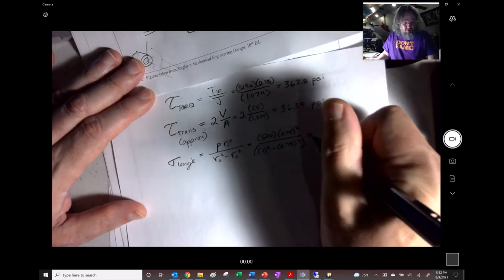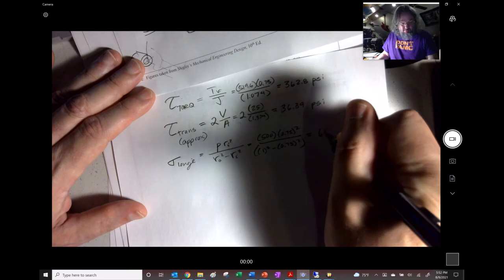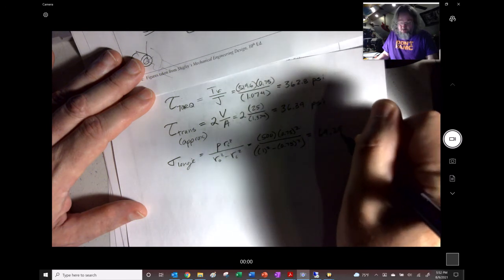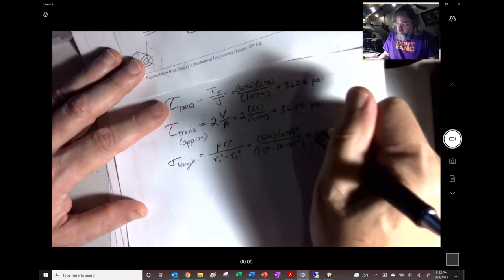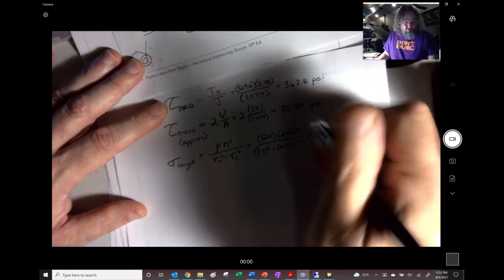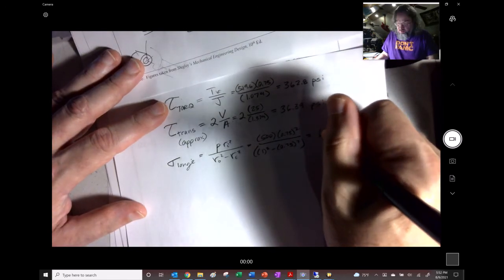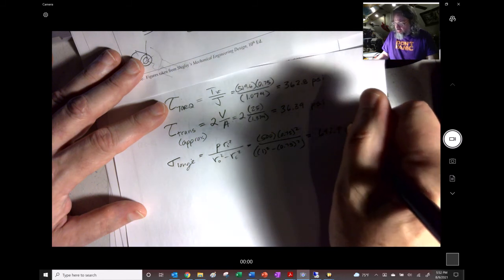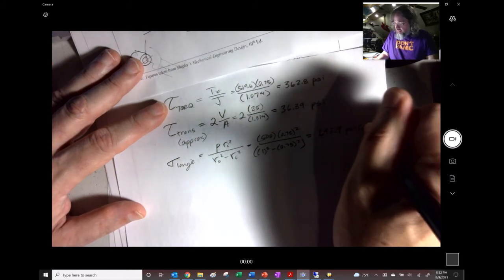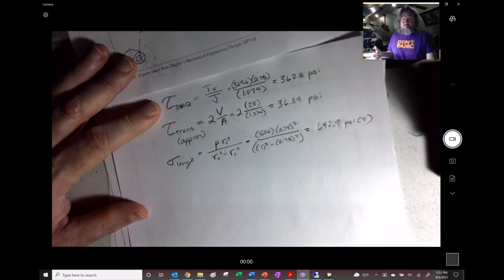And that's going to be equal to 642.9 psi, and it's tension, right? It's aligned with the x-axis, but it's tension.